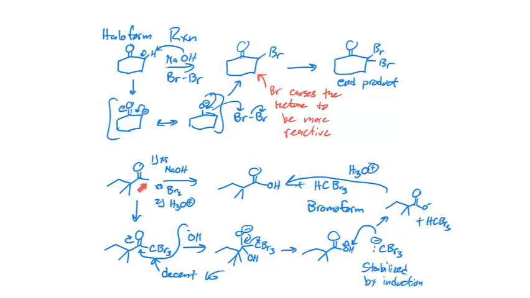So now we have the ability to take any methyl ketone that doesn't have alpha hydrogens on the other side, basically cleave that CC bond, and end up with a carboxylic acid. So now we have a way to take a methyl ketone and turn it into a carboxylic acid, which can be very useful synthetically. And we'll see that more later on in this chapter as we talk about synthetic utility of these problems.